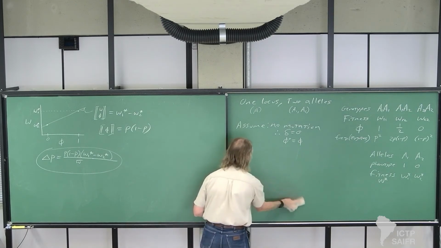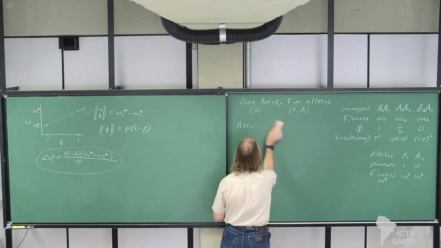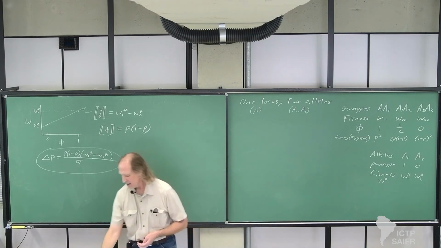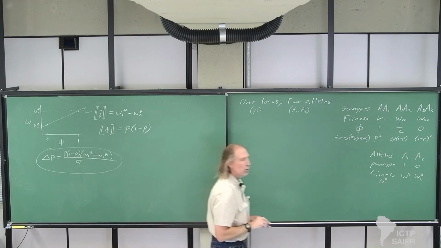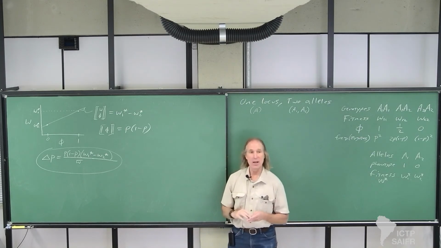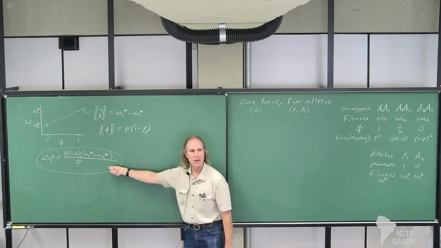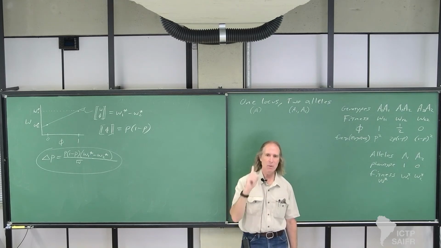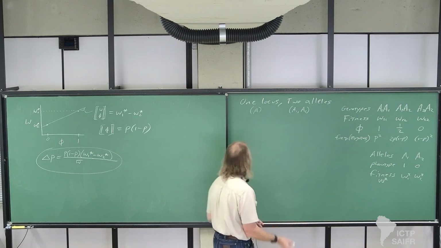Now, here's what I'll give you guys to go home and think about. Sewell Wright, back in 1932, derived things differently. He didn't have Price's theorem, but he went through and he got a result that looked like this. Okay? And then from that, he derived another result for a special case of frequency-independent selection.